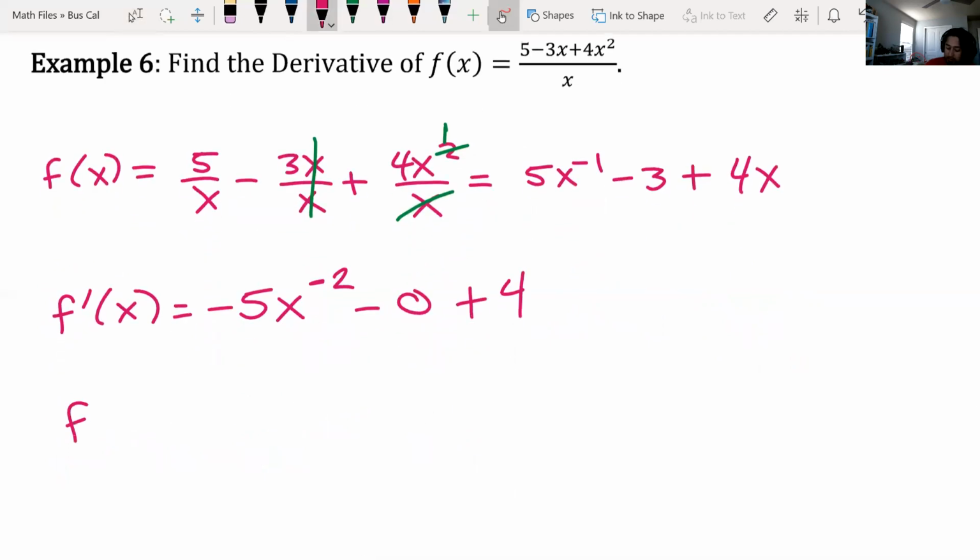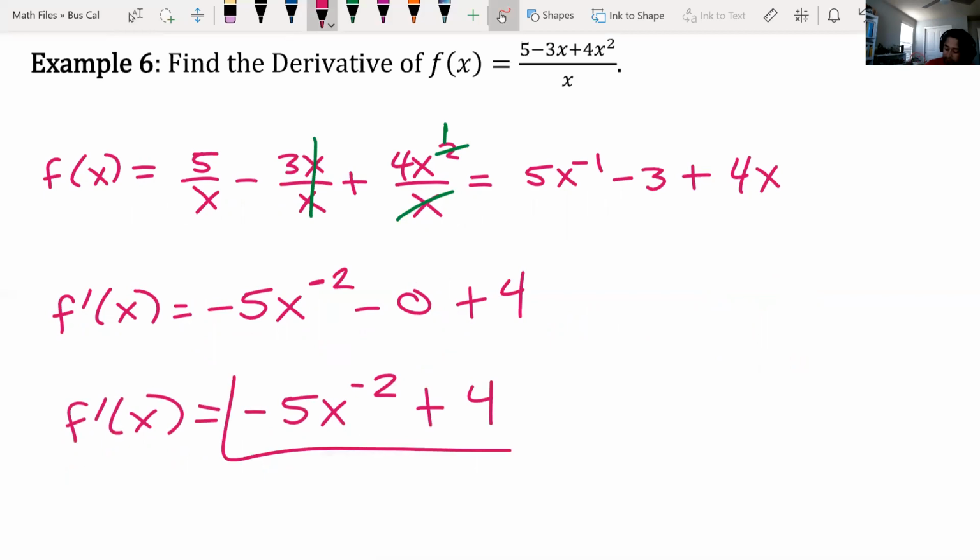Which means our final answer is just negative 5x to the negative 2 plus 4. There we go. Any questions on that one?